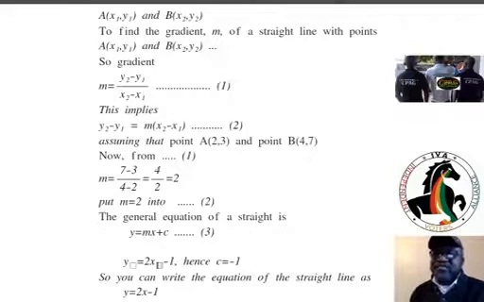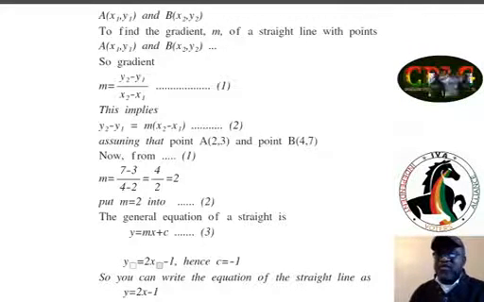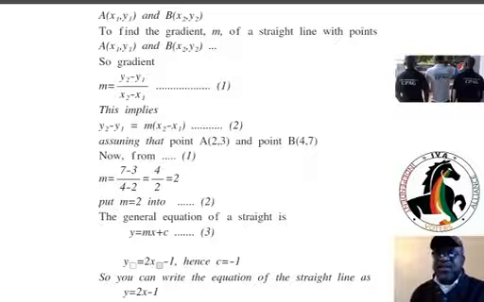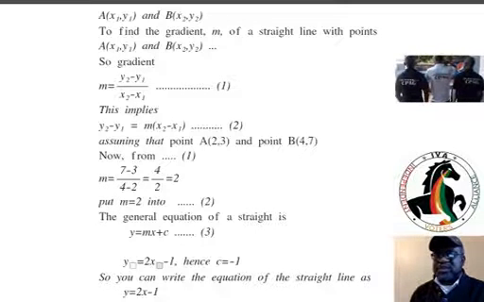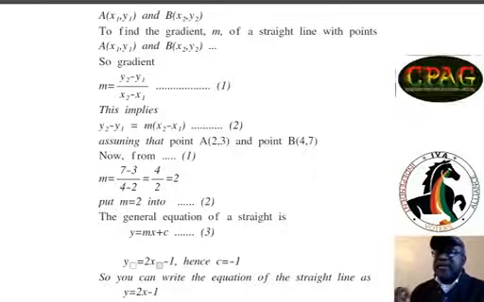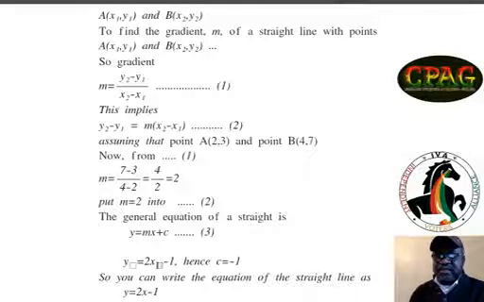You can never write an equation for a straight line without the exact values of m and c. The only variables that must be in an equation of a straight line are y and x. You need to find the values of m and c.